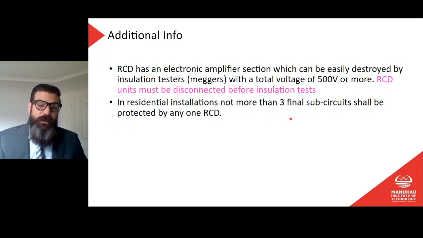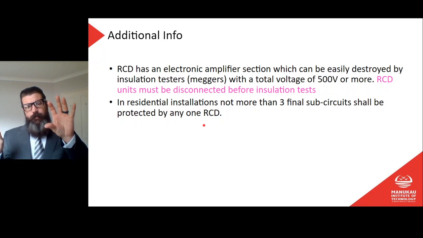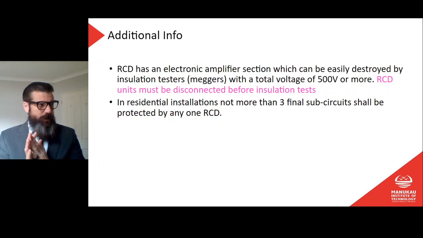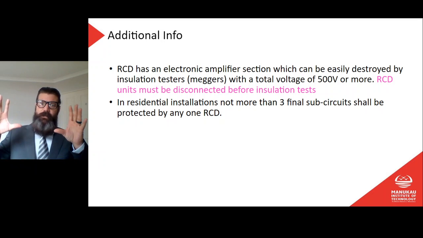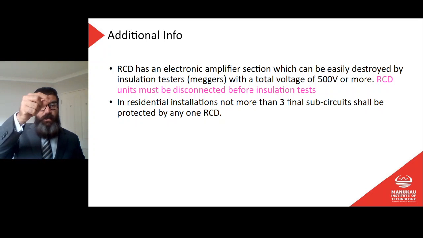In residential installations, not more than 3 final subcircuits should be protected by any one RCD. So you can have more than one subcircuit on an RCD, but no more than 3. Remember, practically how this looks in our switchboard is all the neutrals from those subcircuits come back into an individual neutral bar, and then from that neutral bar we go back through the RCD, and then the other side of the RCD goes to our main neutral bar.